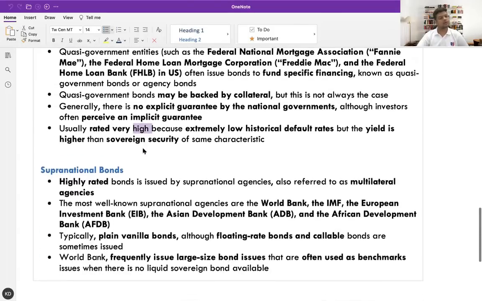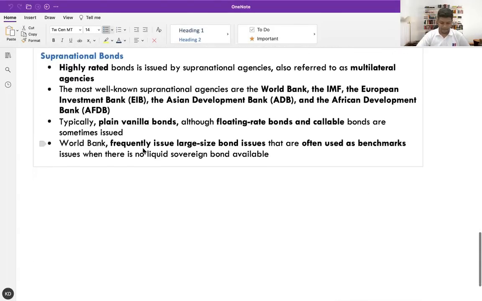Everyone? Yes. Finally, you have bonds issued by supranational organizations. These are organizations which don't have a jurisdiction for a particular country. They hold jurisdictions over various countries, like the World Bank, IMF, European Investment Bank, Asian Development Bank, or African Development Bank.